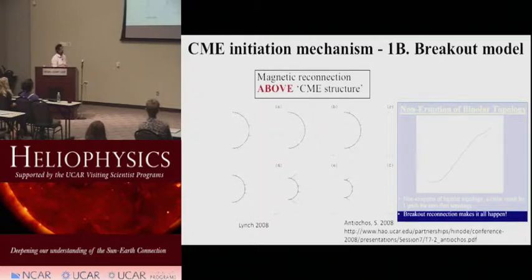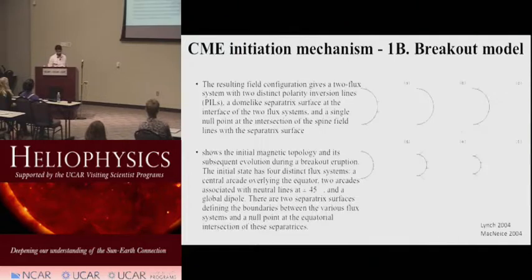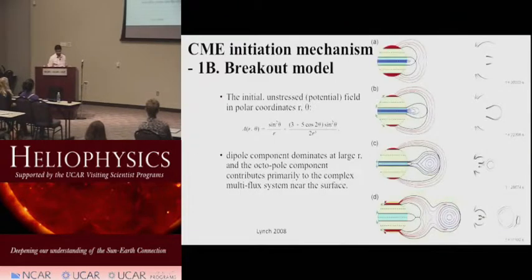So moving on to the breakout style model, where the reconnection occurs above the CME structure. This is an example. I'm going to show another movie here. I'm going to start here quickly because this is in color, and I think this actually shows it a bit better on the screen. So what we're starting here is again, we're focusing on trying to reconnect above the flux rope.